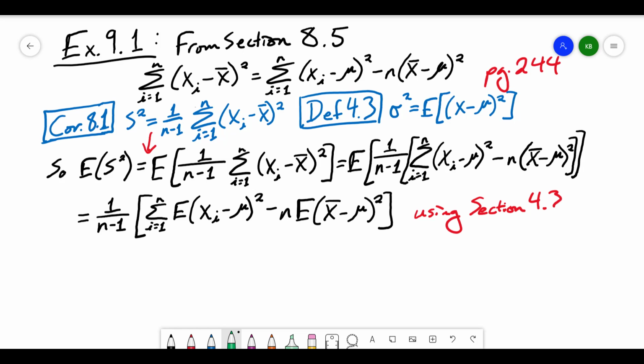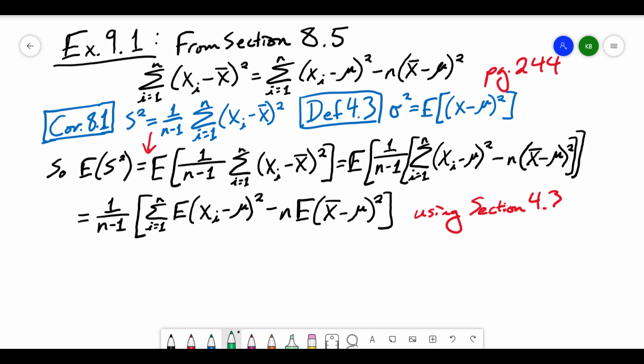So in doing that, using those ideas from section 4.3, we get to absorb that expected value all the way inside of the sum, leaving us with 1 over n minus 1 times the quantity of the sum of the expected value of x sub i minus our population mean squared, minus n times the expected value of x bar minus our population mean squared.